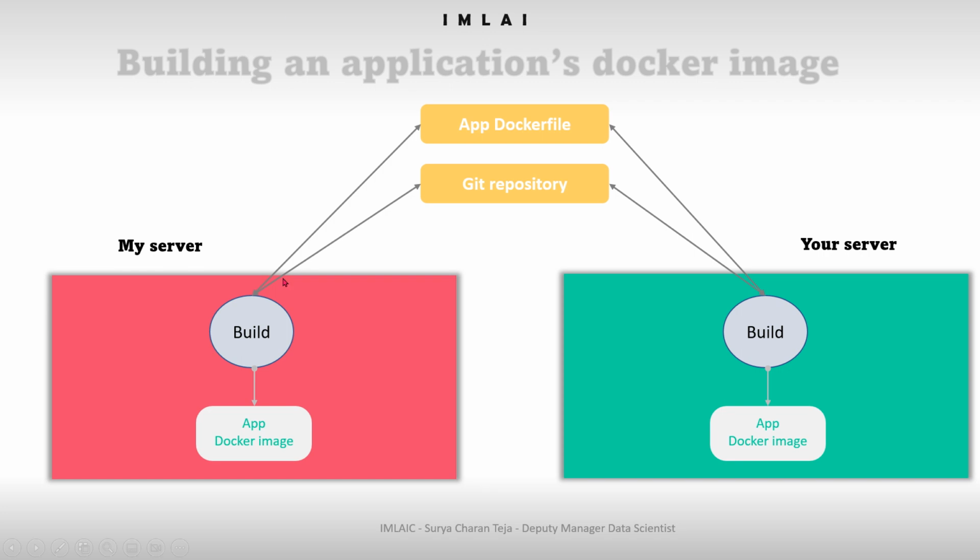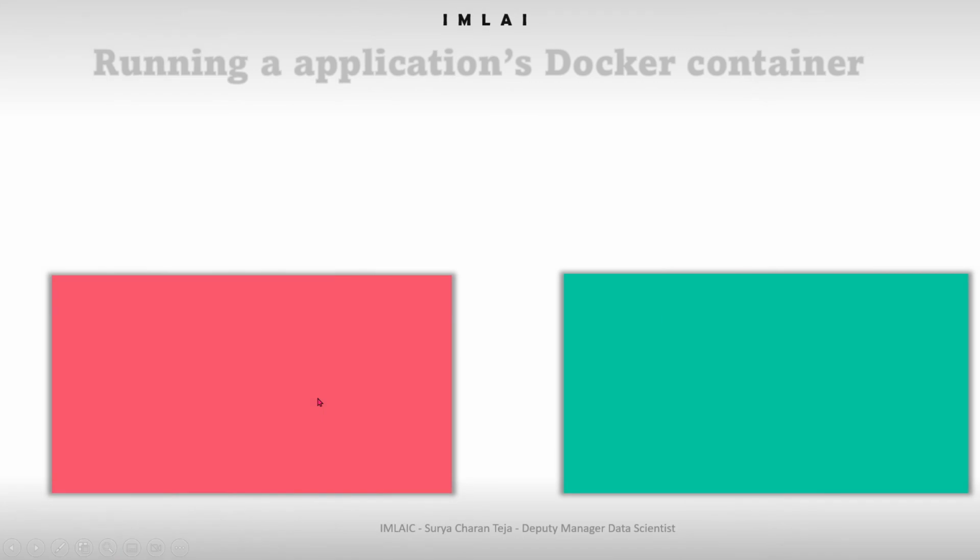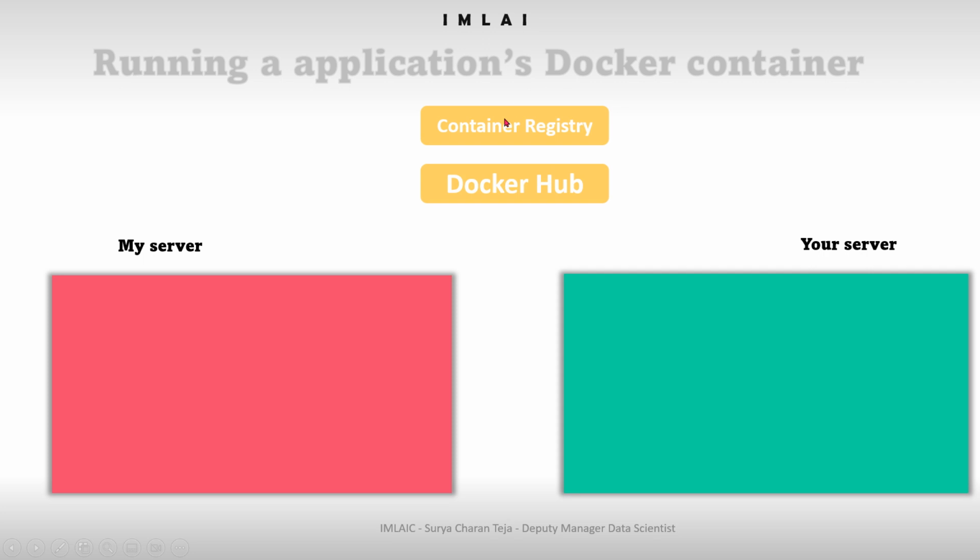So now I have built the Docker image. This is the output of this slide: building a Docker image. After building it, I have placed this Docker image in either a container registry or Docker Hub.